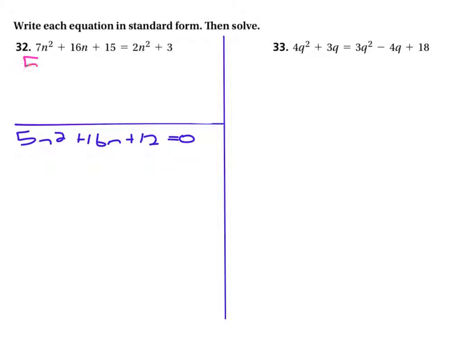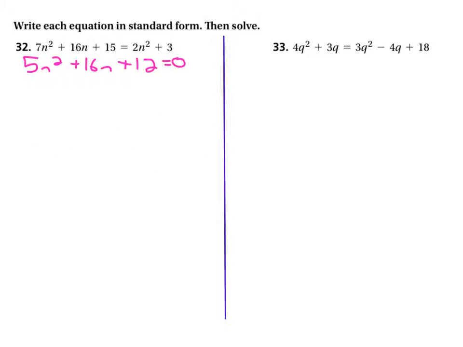So we've now got 5n squared plus 16n plus 12 equals 0, and we're going to factor. First let's take the a value times the c value. A value is 5, c value is 12. 5 times 12 is 60. So we're going to factor 60, and what we're trying to result in is the number 16.